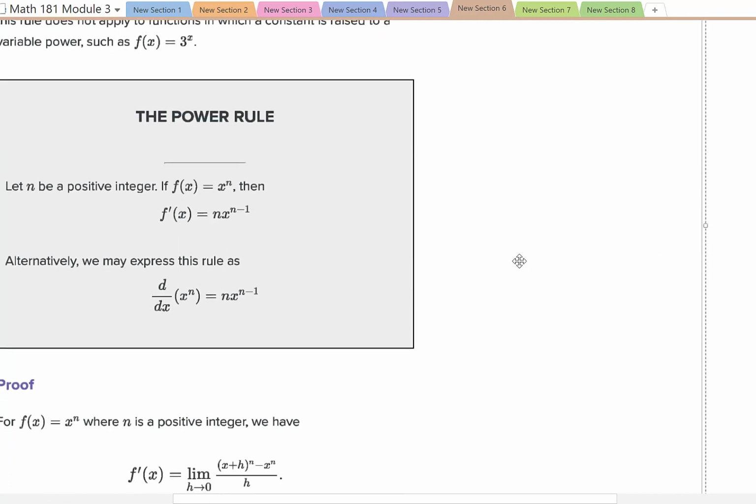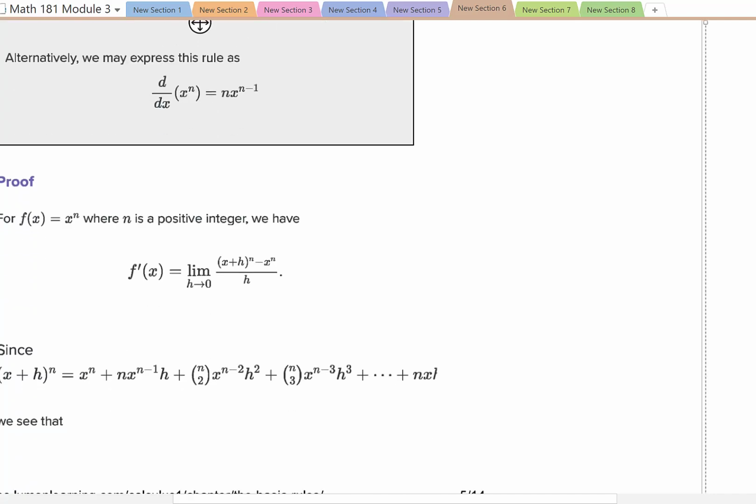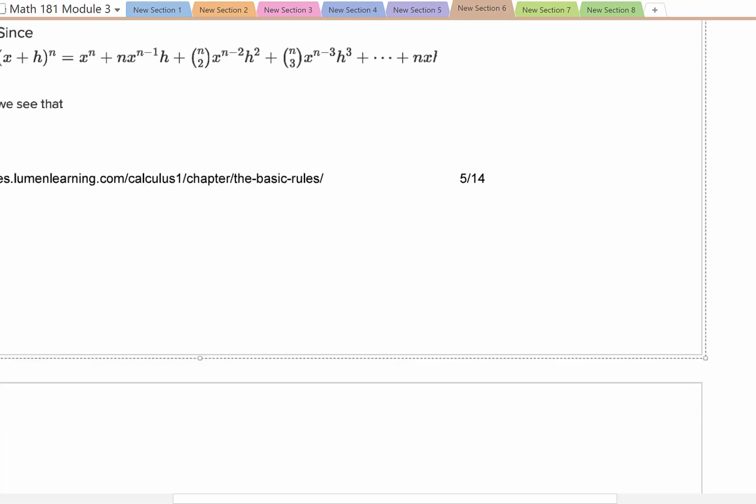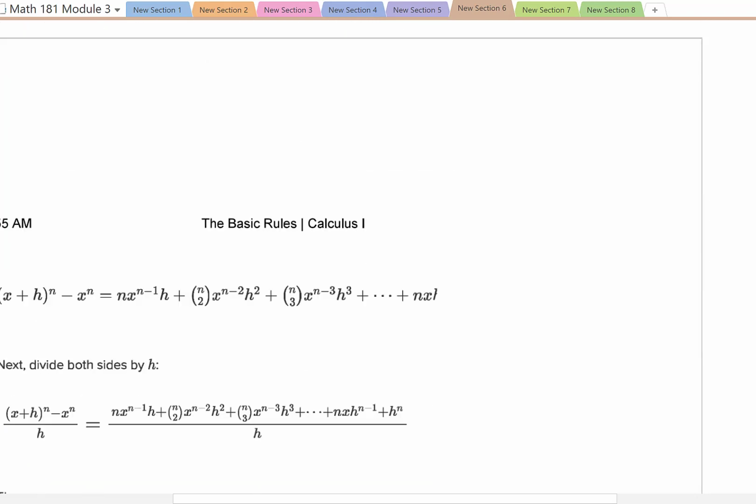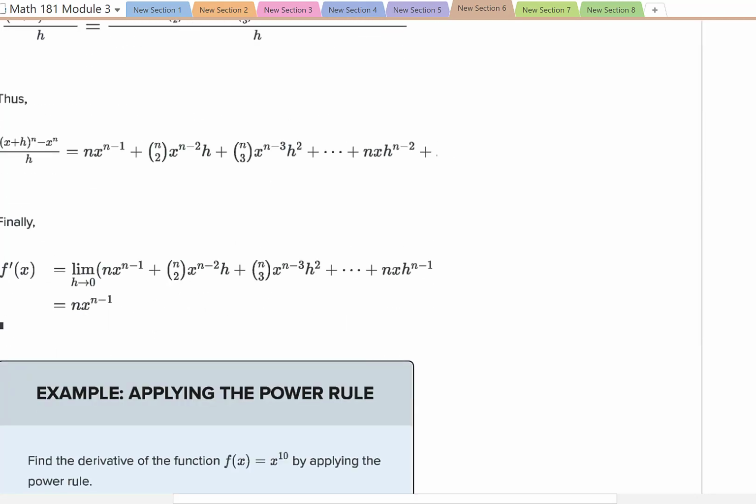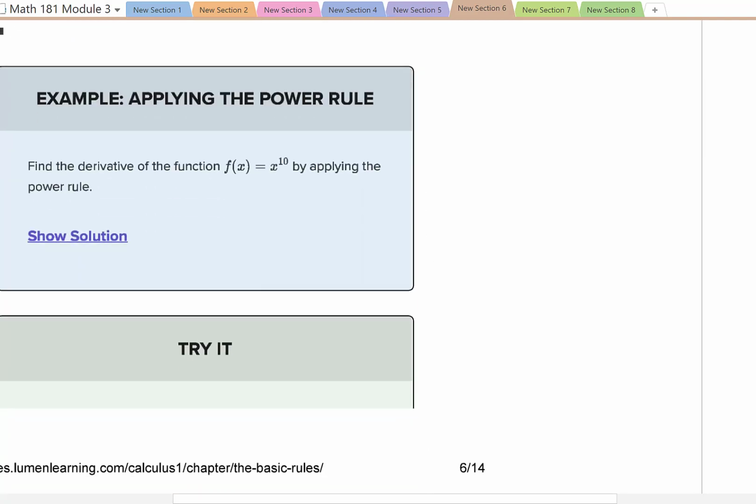And so what it's saying is, if you have f of x equals x to the n power, then the derivative is going to be, you bring that power down in front, and then you subtract 1 from the power. Or the derivative with respect to x of x to the n is n x to the n minus 1, subtracting 1 from the power. Here they're showing it in a generic case. So you can see it works generally.